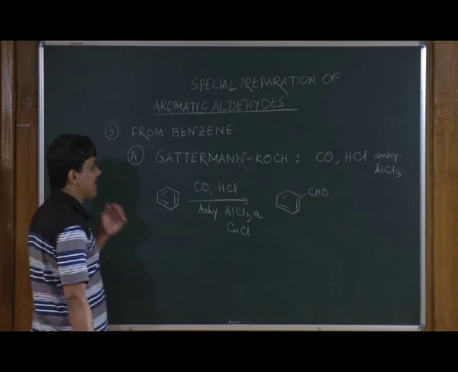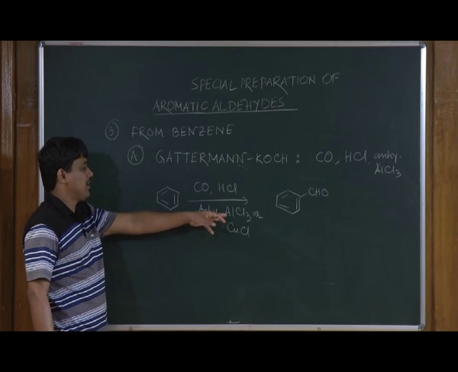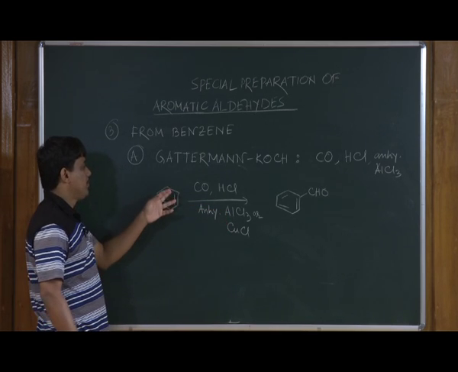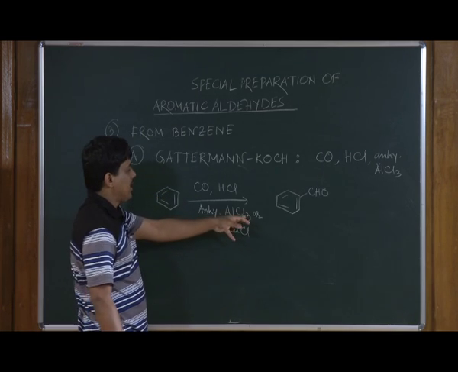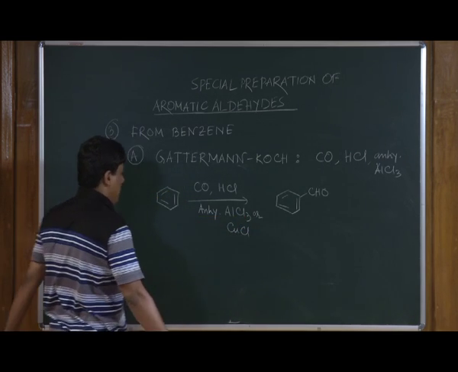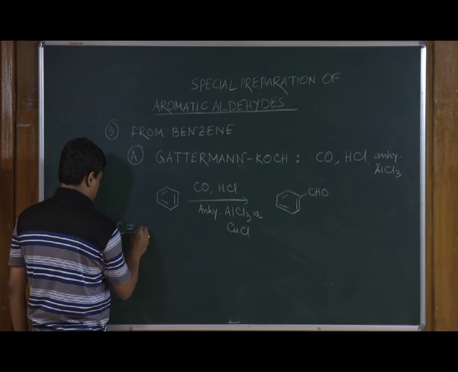So, this is a Friedel-Crafts type reaction, and as I told you in the previous slide, a Lewis acid is used if you want to functionalize the benzene ring. So, here this catalyst helps in the Friedel-Crafts reaction. What is the mechanism of this reaction? Carbon monoxide can be drawn like this.